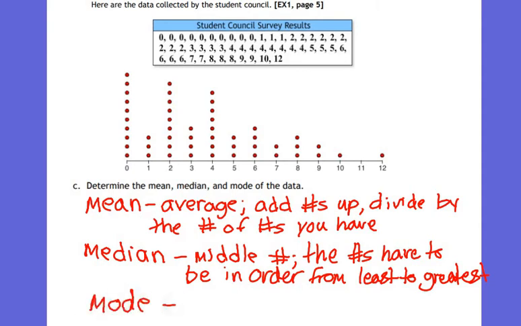Anyone remember what mode is? Mode is the number used the most.